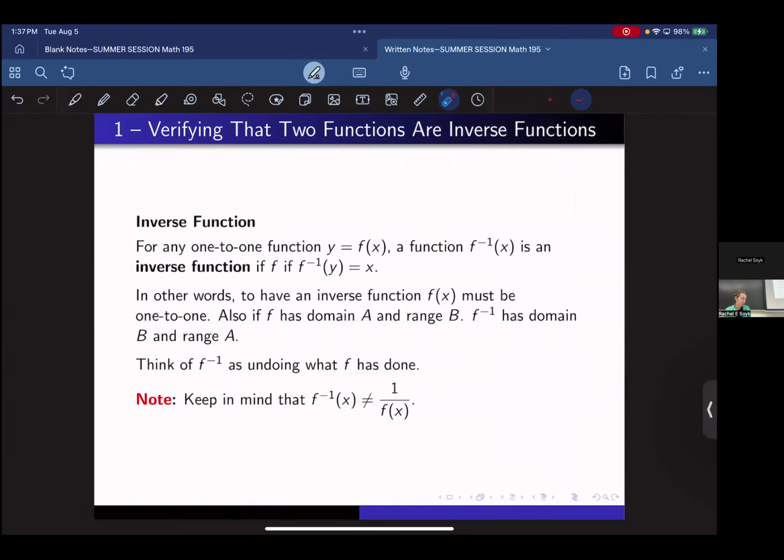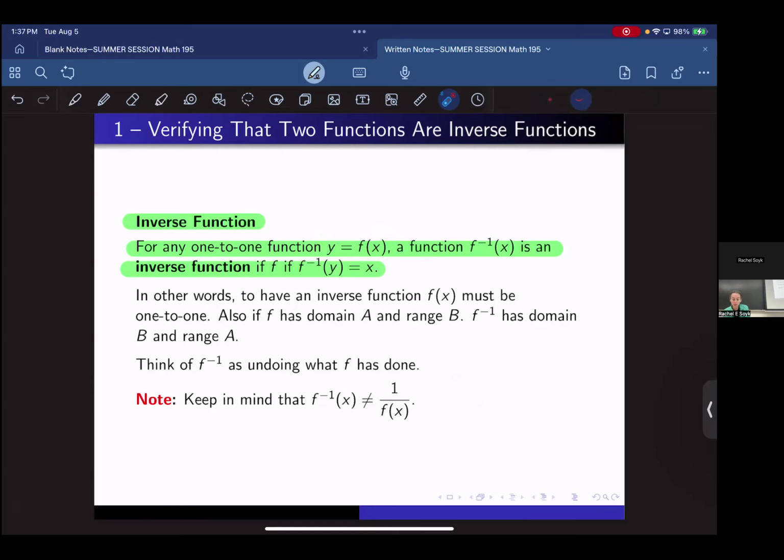So we have some definitions here, and I think I'll read this slide. Our inverse function, formal definition, is for any one-to-one function y is equal to f of x, a function f inverse x.